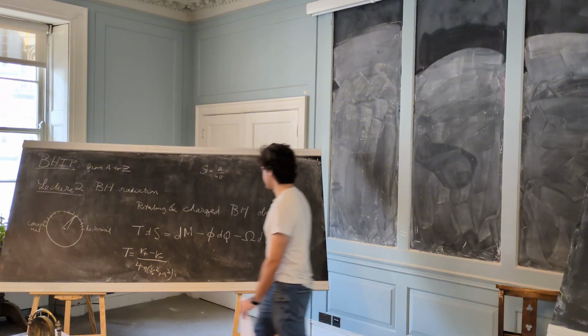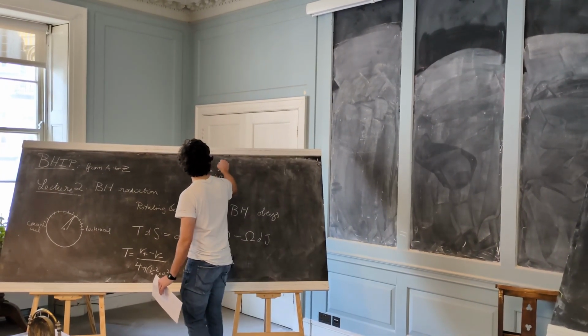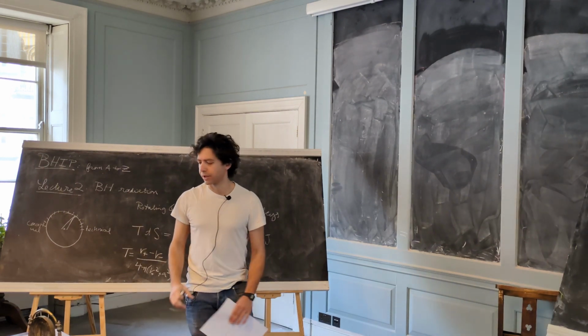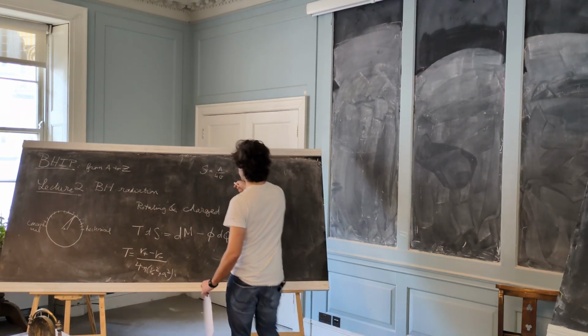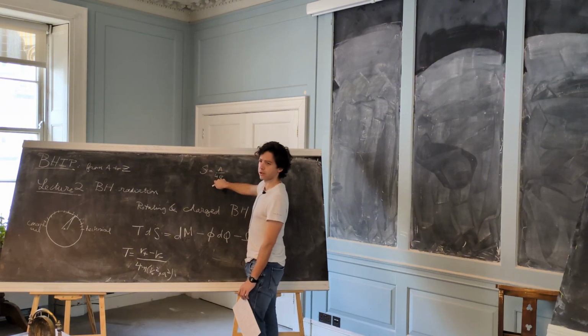So, just assuming this relation, we argued that the entropy should be A over 4G. Well, we argued that it should be proportional to the area. We haven't derived that the proportionality constant should be 1 over 4G.